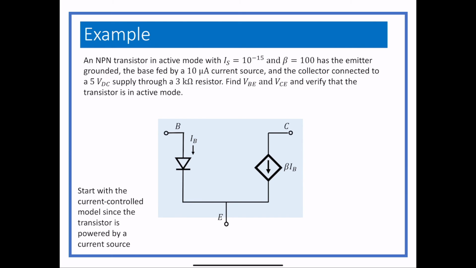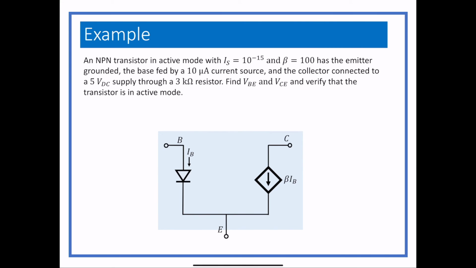So then we just add in the other values. We add in the grounded emitter, so that would be the first thing that we put. The base is fed with a 10 microamp current source, so we just put a 10 microamp current source there. And then the collector is connected to a 5-volt DC supply through a 3K resistor.